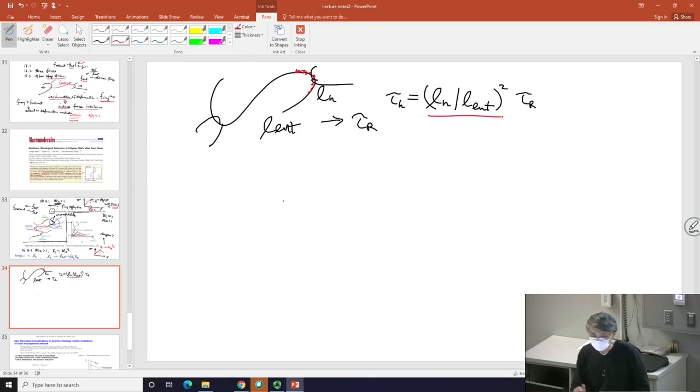This insight is discussed more in the book, so I will not repeat it. But basically, you can appreciate that this time scale scales with the size squared, and the basic unit of that is the Rouse time.